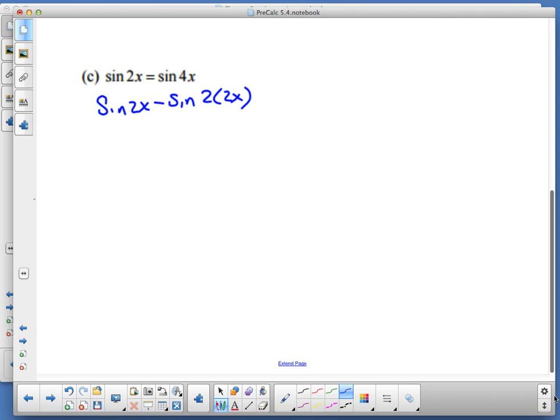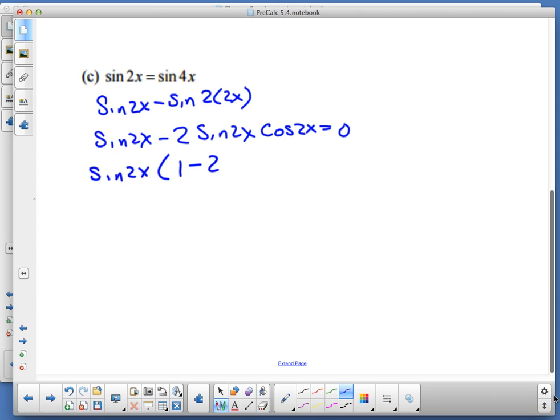And now I'm looking at sine of 2x minus 2 sine of 2x cosine 2x is equal to 0. And now I can factor out my sine of 2x, so it's 1 minus 2 cosine 2x equals 0.